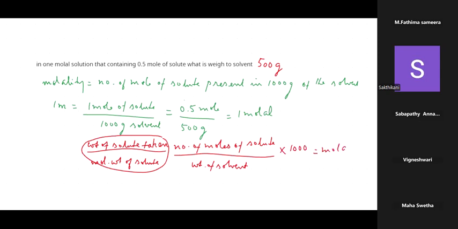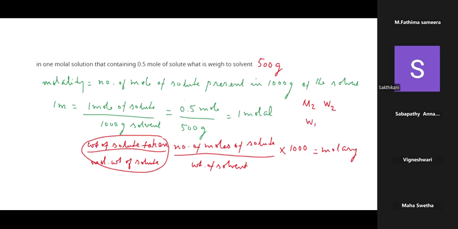Suppose you take the molecular weight of solute to be M2, the weight of solute to be W2, and the weight of solvent to be W1.